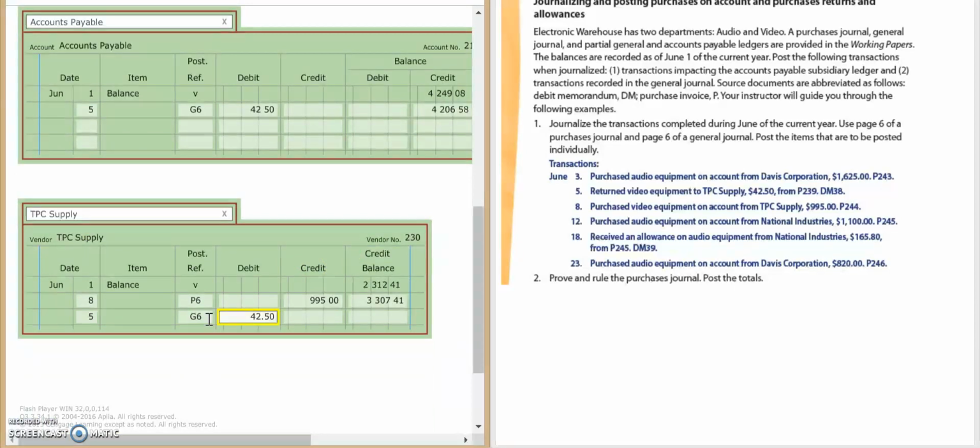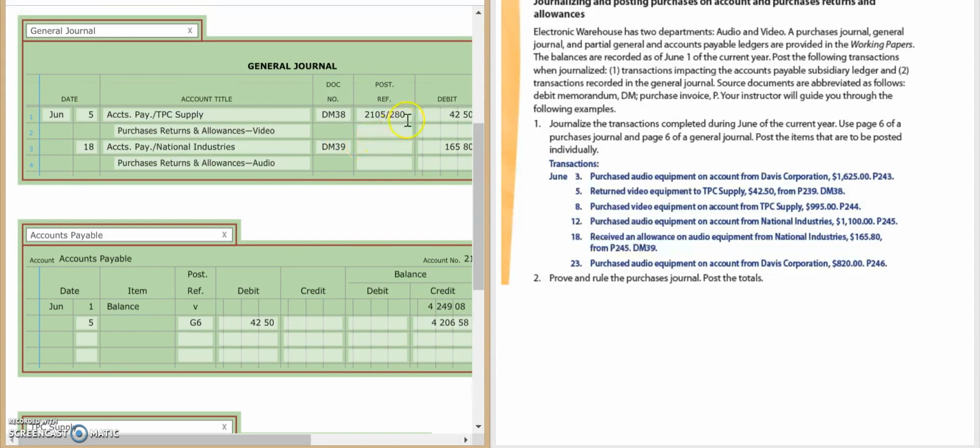So we subtract 42.50 from 3307.41, and our updated balance in TPC supply is 3,264.91. Then we come back up here, and instead of 280 it should be 230.